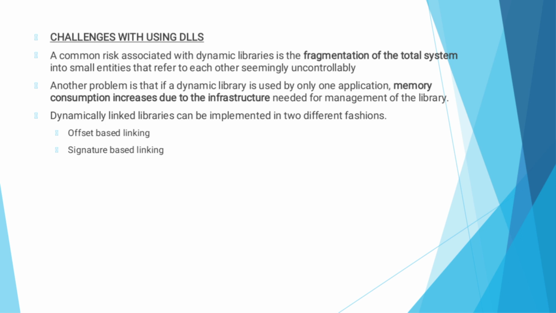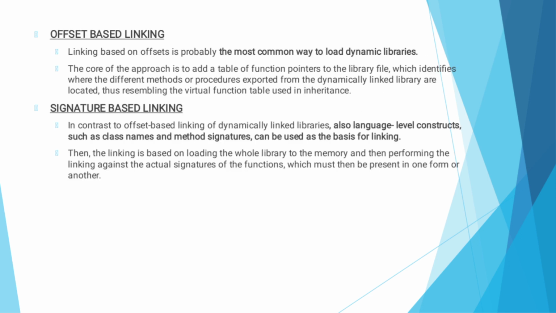Then, dynamically linked libraries can be implemented in two different fashions. The first one is offset based linking and the second one is signature based linking. Offset based linking: linking based on offset is probably the most common way to load dynamic libraries.